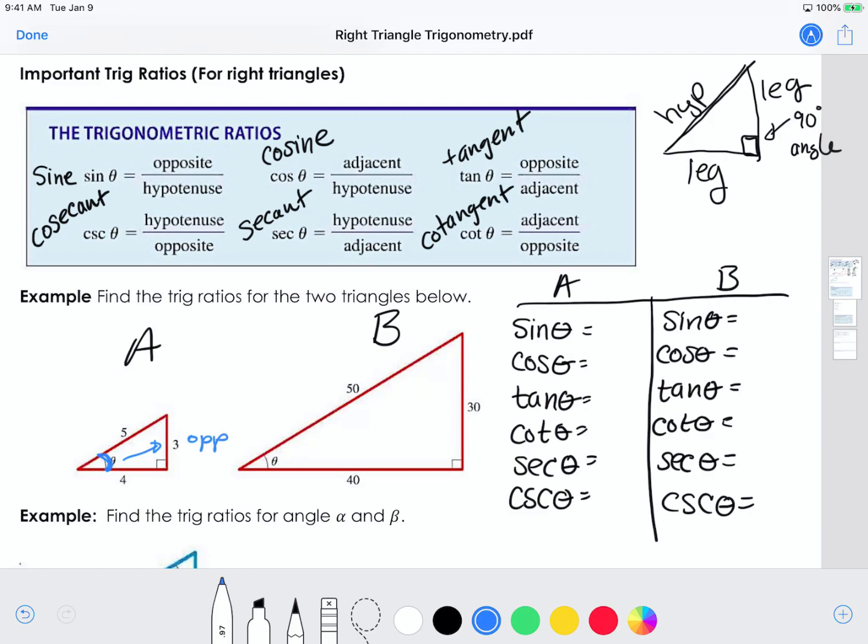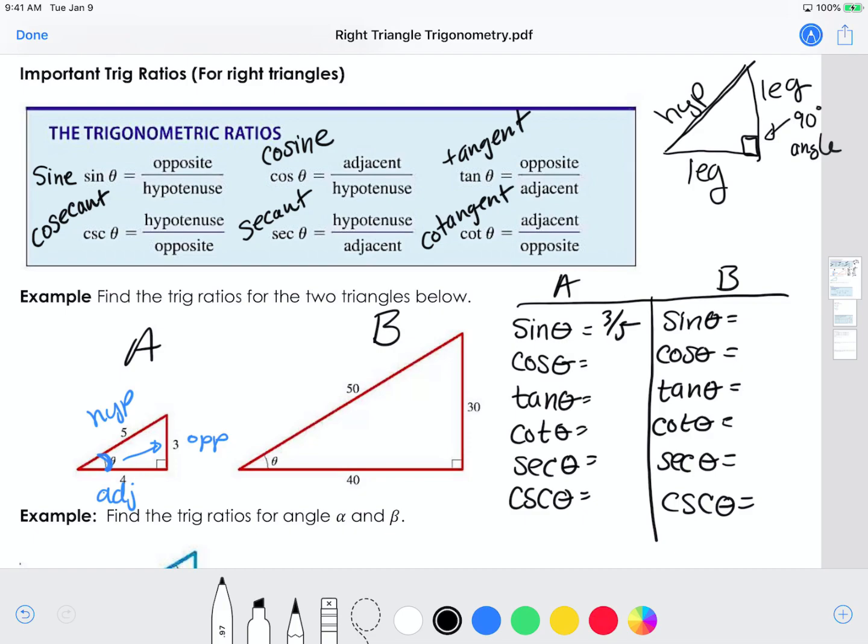And my hypotenuse is always the side opposite the right angle. So this would be my hypotenuse. And then, of course, the side that goes against the angle that's not the hypotenuse is the adjacent side. So when I'm looking for my sine of the angle, I'm looking for the opposite over the hypotenuse. So I'm going to list the sine as 3/5.